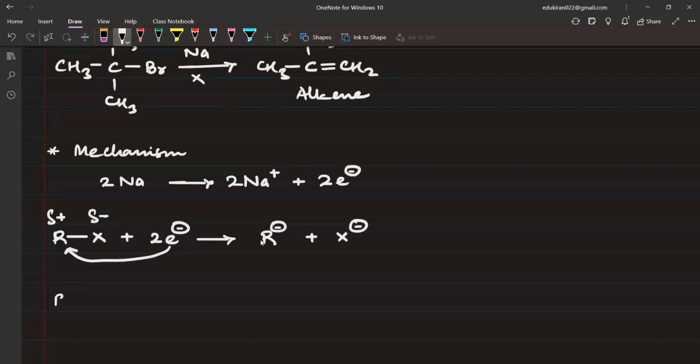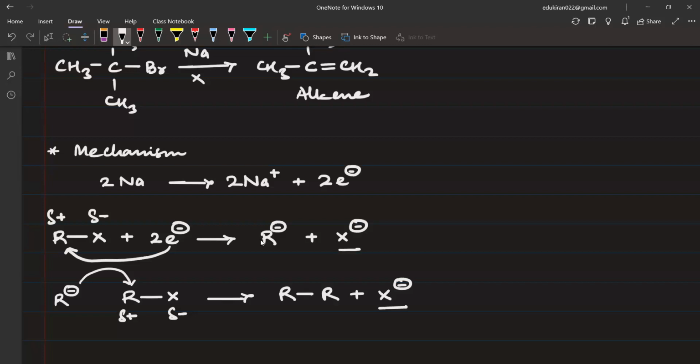Now we have R negative. This R negative reacts with RX, and it attacks here because R has a delta positive charge and X has a delta negative charge. Now R and R form a bond, plus you get X negative. So we have X negative here and X negative here. Each X negative reacts with a sodium positive, and you get NaX.